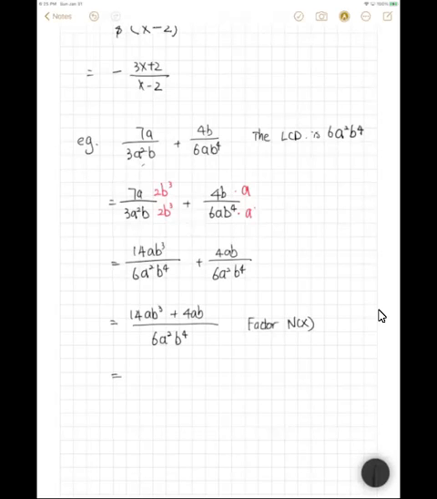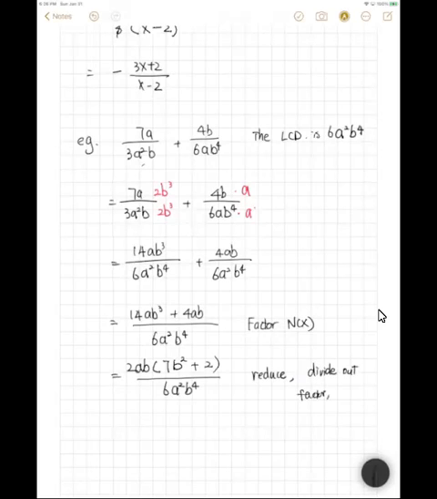Okay, so the common factor would be 2 times ab, so that I have a 7 times b squared plus 2 over 6a squared b to the fourth. Now we can reduce the fraction and then divide out the factors.